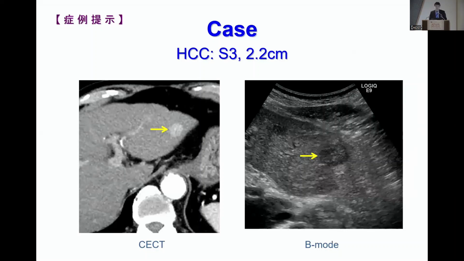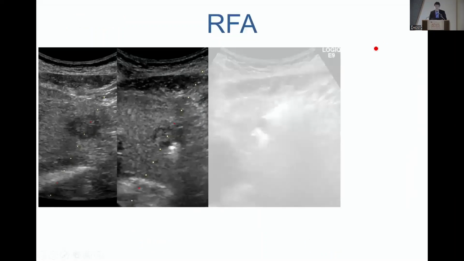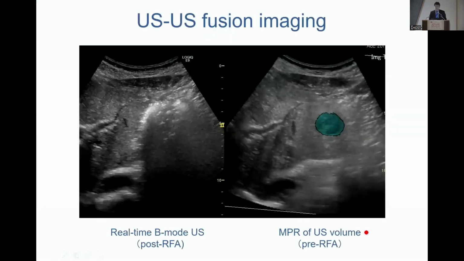In another case, you can see a 2.2 centimeter HCC in segment 3. We treated it with overlapping ablations. It looks like a good ablation side by side by US-US fusion imaging.